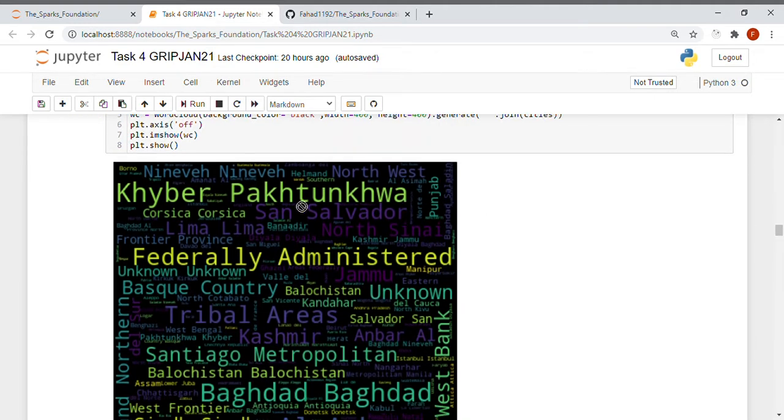We all know it is actually the region situated between Afghanistan and Pakistan. Actually, it is the border area of Pakistan. So this area is a global hotspot of terrorism.